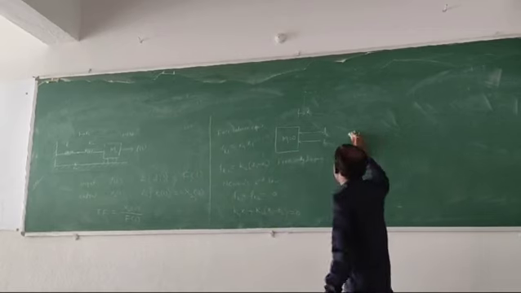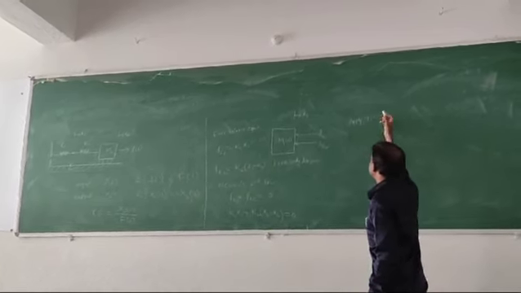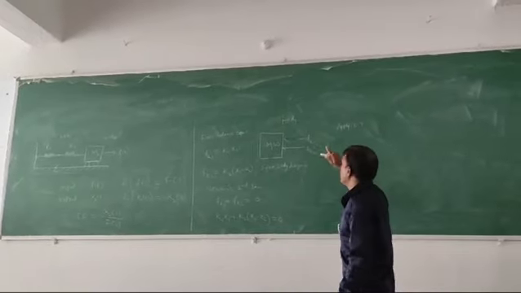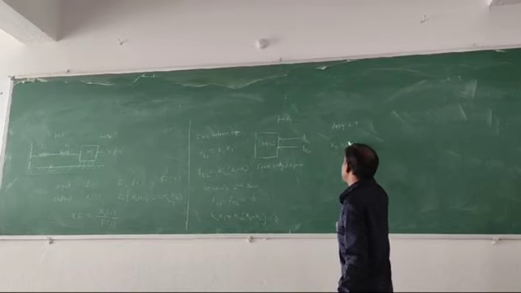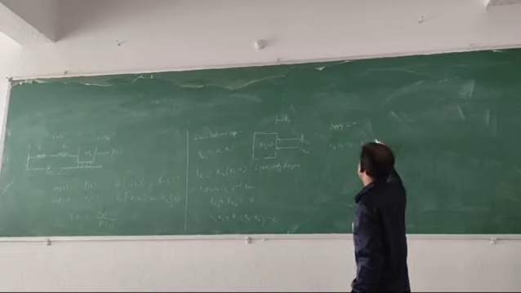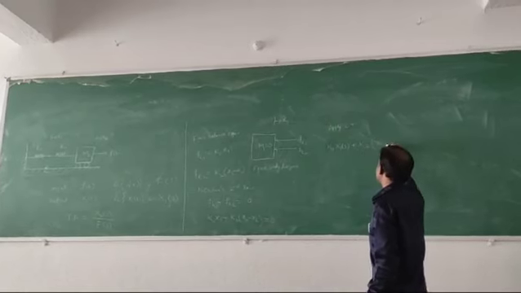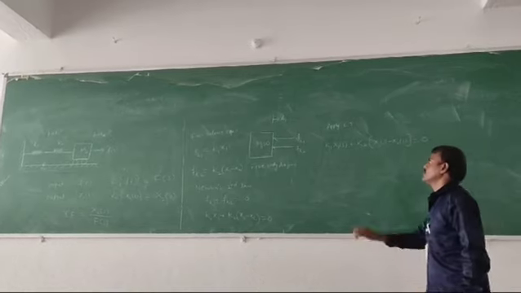Now apply Laplace transform to the above equation on both sides. Then that equation is written as K1 X1(s) plus K2 into (X1(s) minus X2(s)) equals 0.